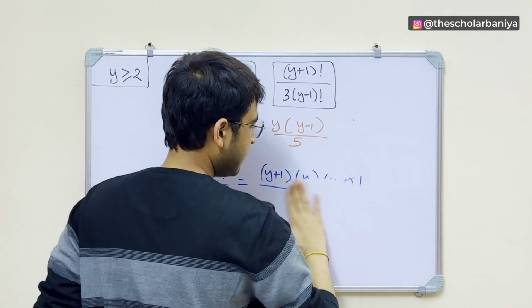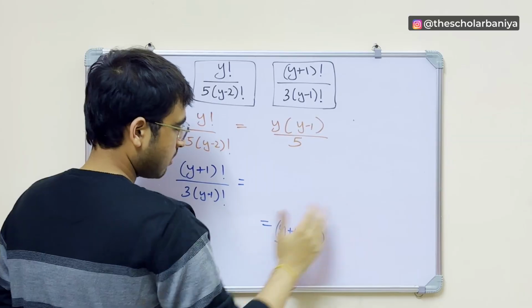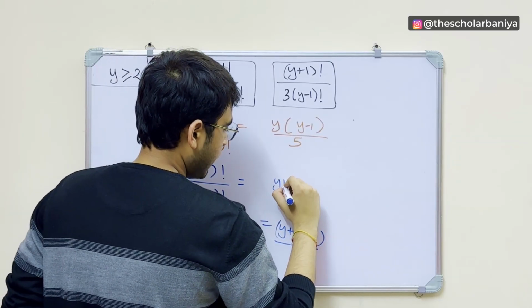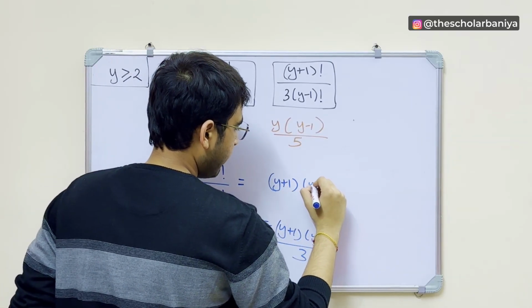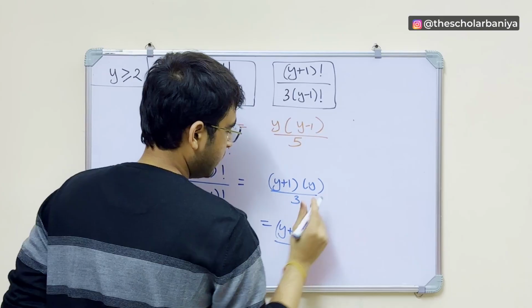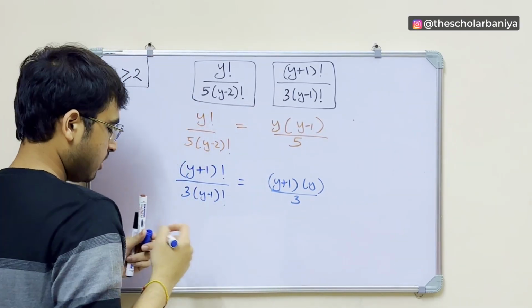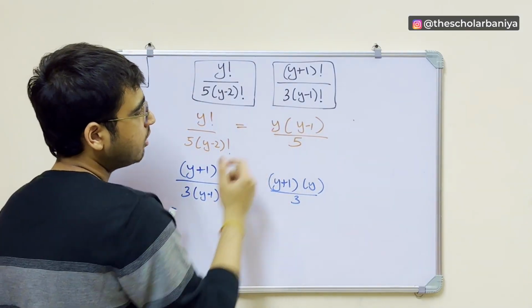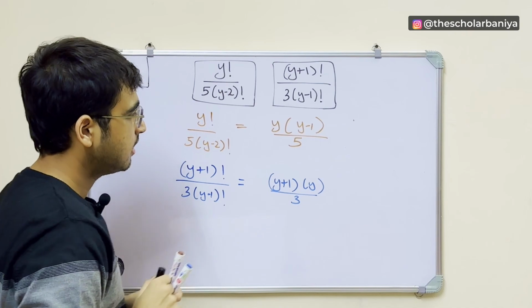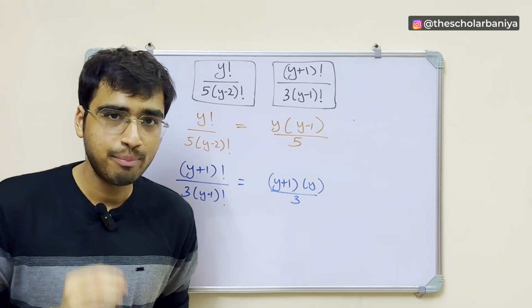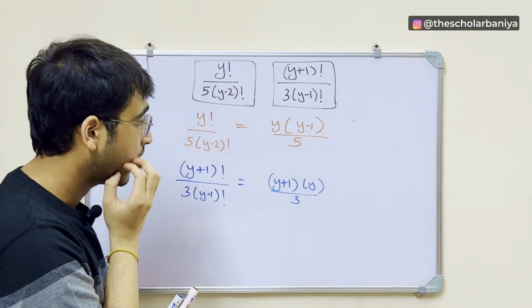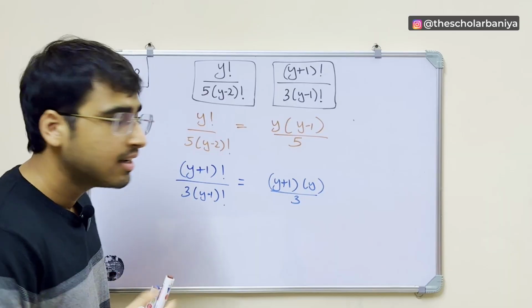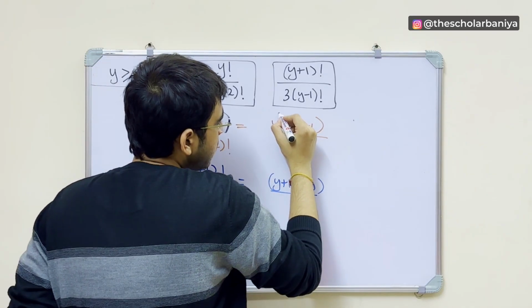So we can just write this as y plus 1 into y upon 3, right? So basically now we have to compare this and this. These are the two things that we have to compare, right? Okay. So if you see, there is y common in both these things.